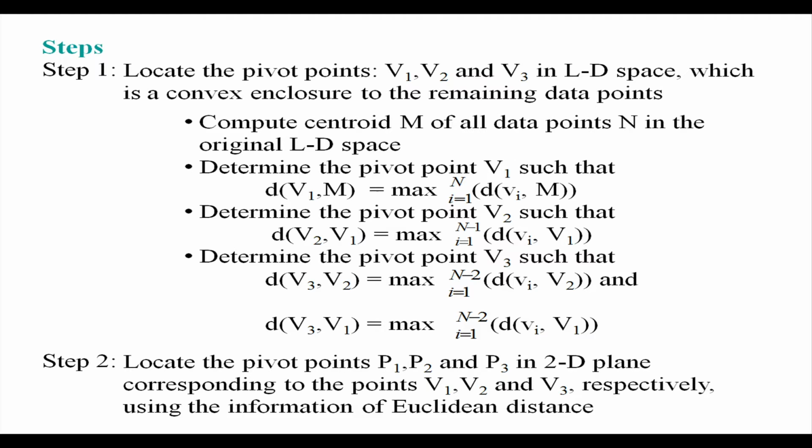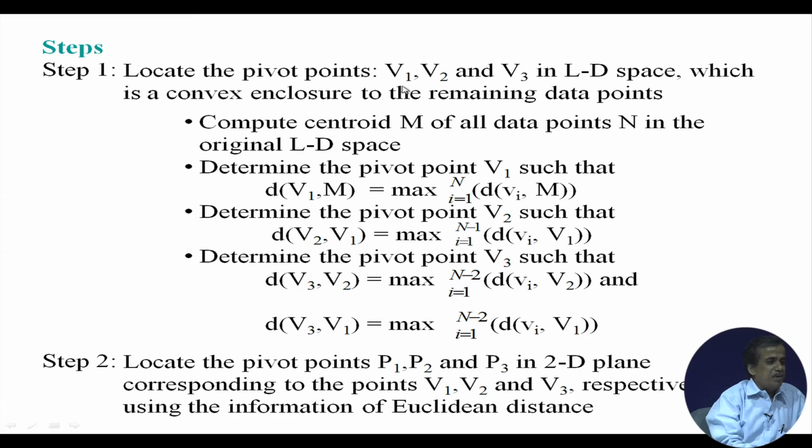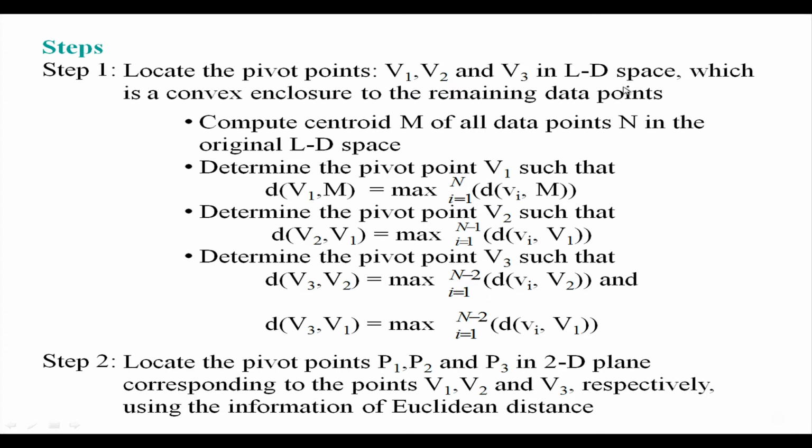Step 1: locate the pivot points V1, V2 and V3 in LD space, which form a convex enclosure to the remaining data points. So, how do we get V1, V2 and V3, which are nothing but the pivot points? To get the pivot points, we take the help of these steps.